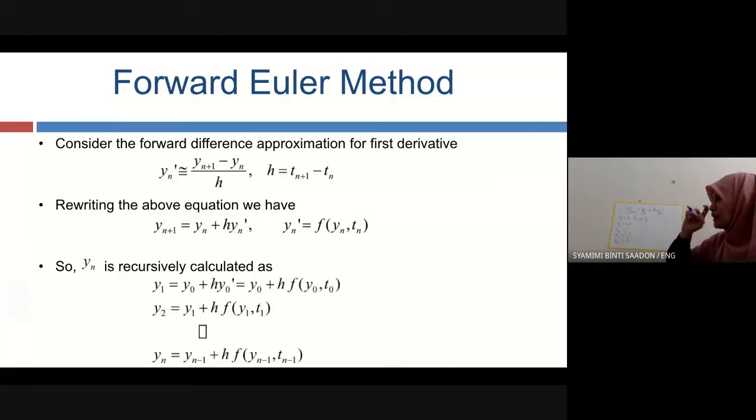Because the time step given is 0.5, we need to calculate y0, which is given, y1, y2, y3, until y4. Whatever the method, we have to calculate until the final y4. If the question gives you a 0.25 time step, we need a total of 8 steps, up to y8: 0, 0.25, 0.5, 0.75, 1, until 8 time steps.